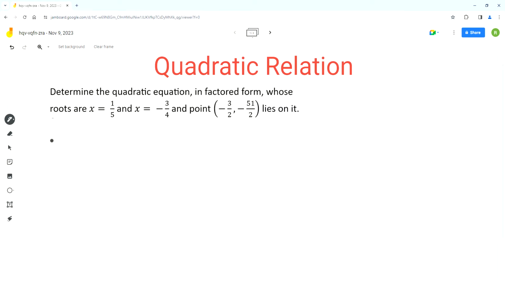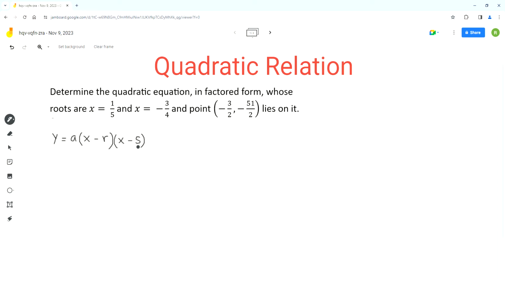So the general equation is y equals a times (x minus r) times (x minus s). R and s represent the roots of this quadratic function.